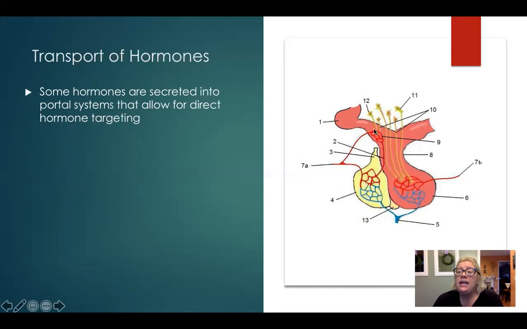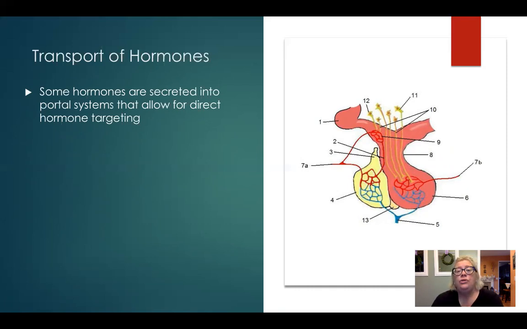This is referred to as a portal system, because whatever enters the bloodstream here is going to go directly here. Now, we have several different portal systems in the body. One of the ones that we'll talk about is called the hepatic portal system, and that's found in your liver, and it has a great deal to do with the detoxification of things that our digestive system takes up.